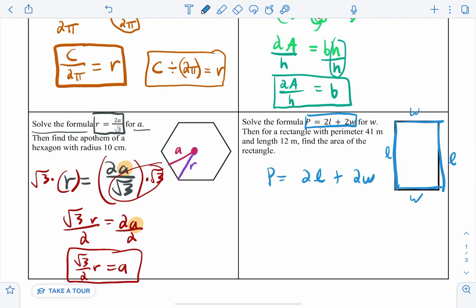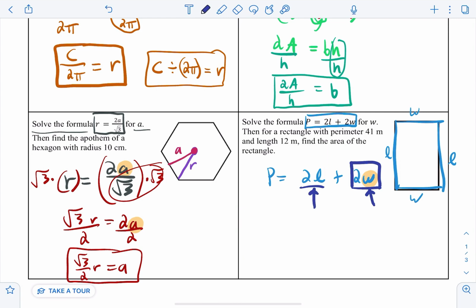The thing about this formula is that if we're solving for w, we have to acknowledge that there are multiple different terms on that side. If you have multiple different terms, the very first thing you want to do is get the term with the variable you want to solve for alone, and get all the other terms over to the other side.